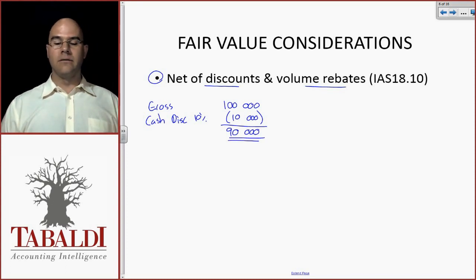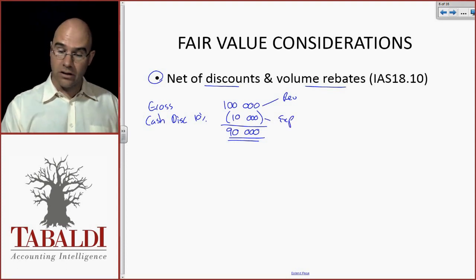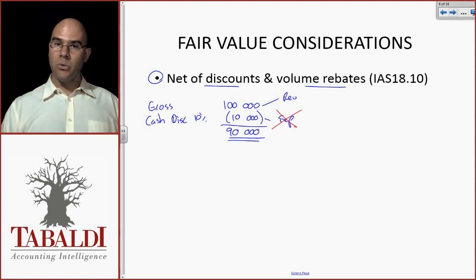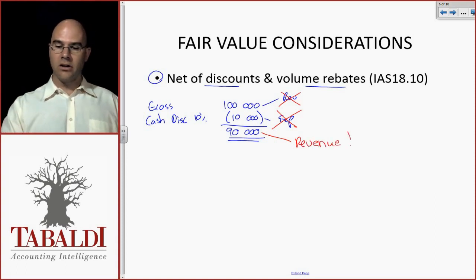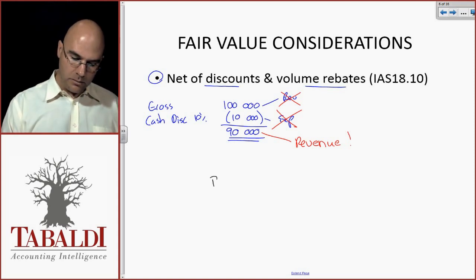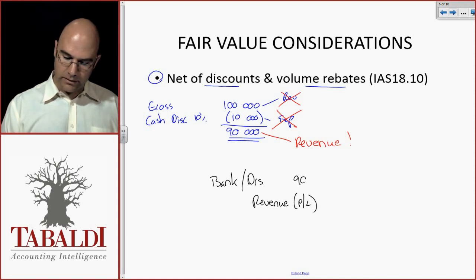Now, how would I account for that? The old thinking wanted to account for the gross amount as revenue and the 10,000 as an other expense. I'm telling you that that is not correct. Revenue must be recognized not as the 100,000, but the net amount of 90,000. So you will journalize it: debit bank or debtors, credit revenue, profit or loss, with 90,000.